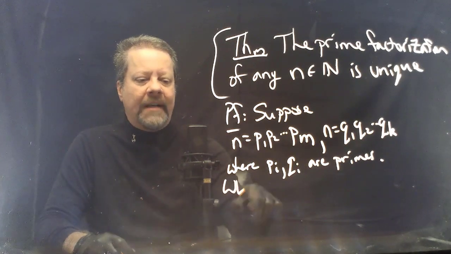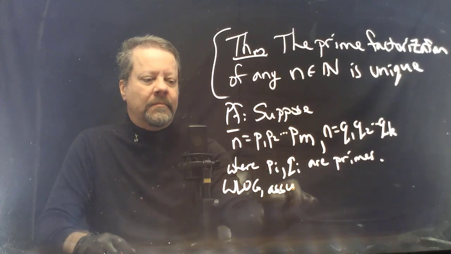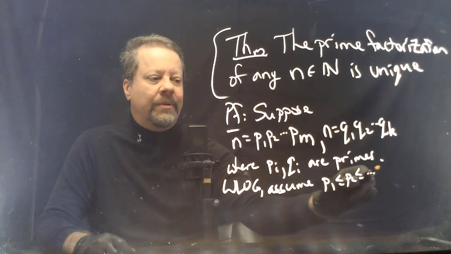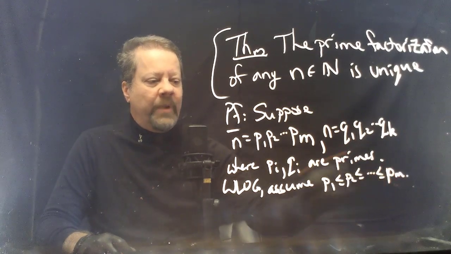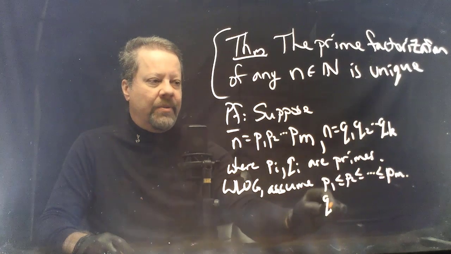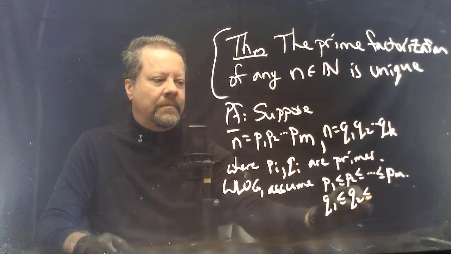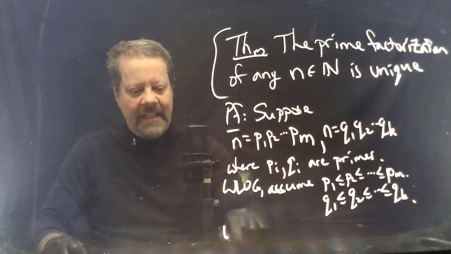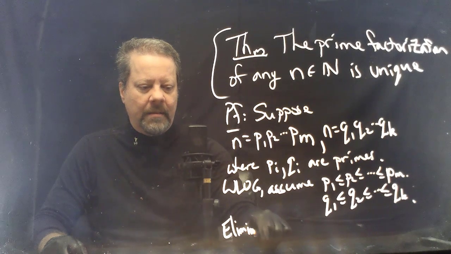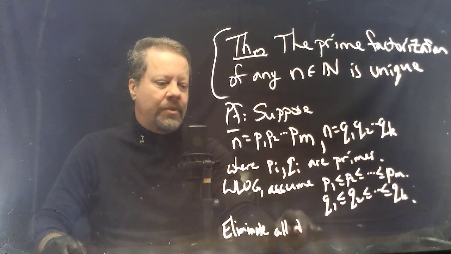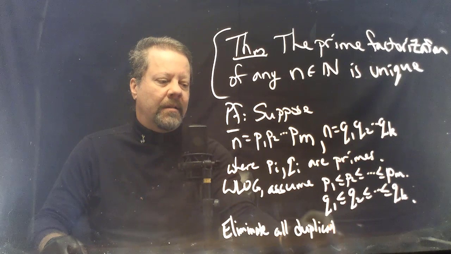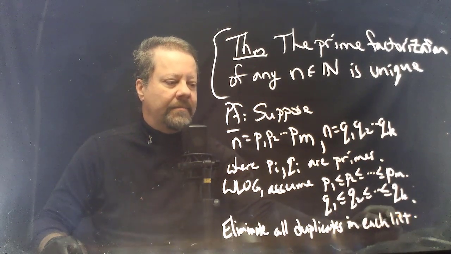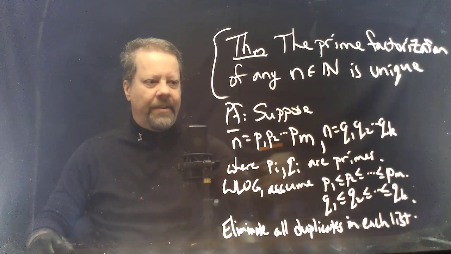And without loss of generality, we'll assume p1 is less than or equal to p2 is less than or equal to pm. They go in increasing fashion. Same thing with the q's. Next, we're going to eliminate all duplicates in each list. We know that these products are the same.